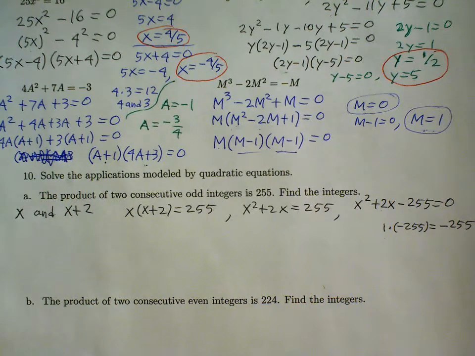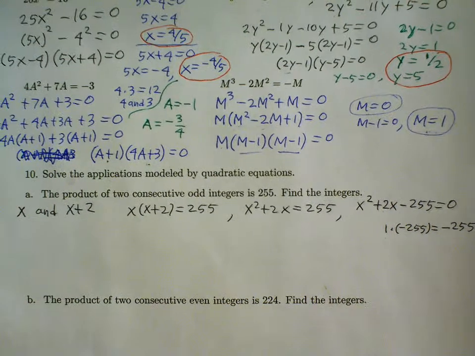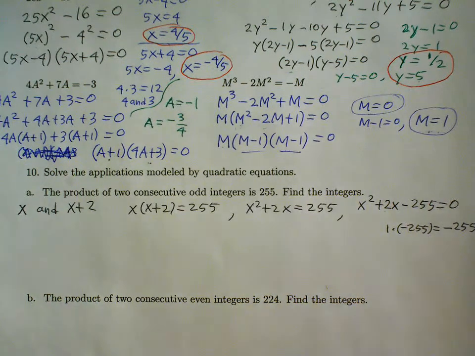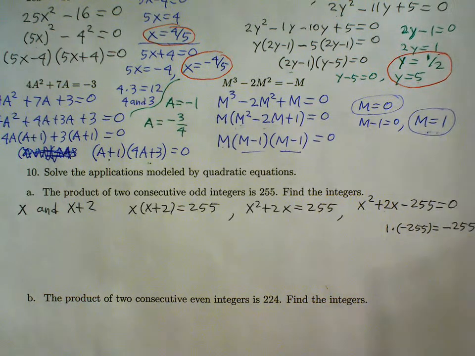So did you find those integers? Well, if the product is negative, one must be positive and one must be negative.